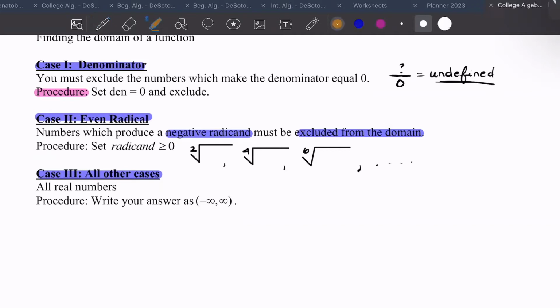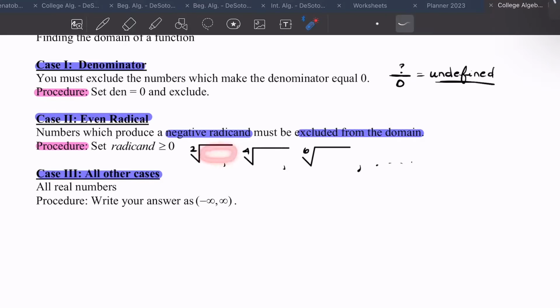So if you have an even radical, you need to make sure that you're excluding all the numbers that make your radicand, so everything under the radical, negative. You are going to set your radicand greater than or equal to 0. Your radicand will be whatever's in here.